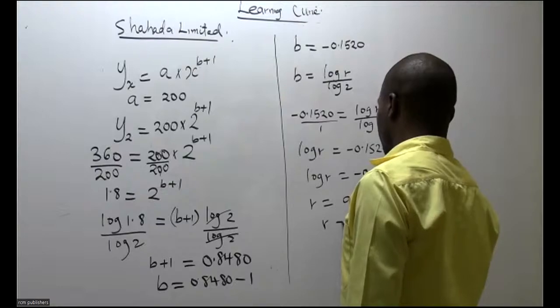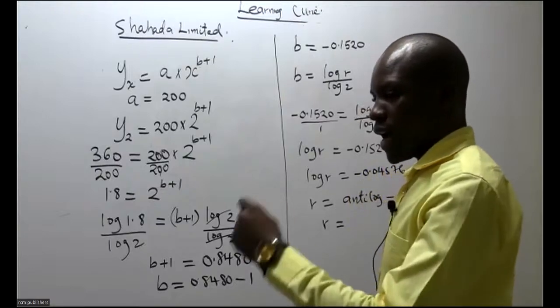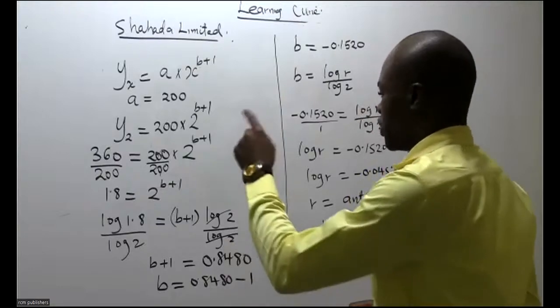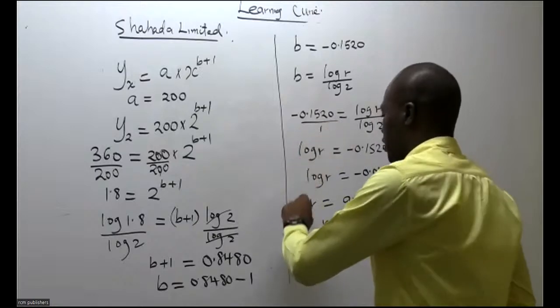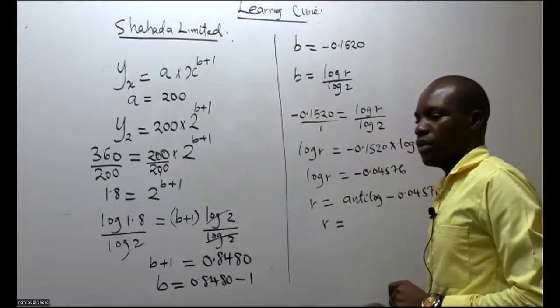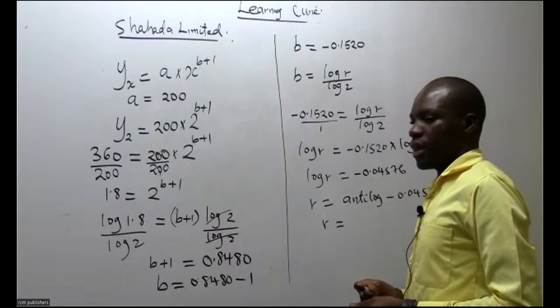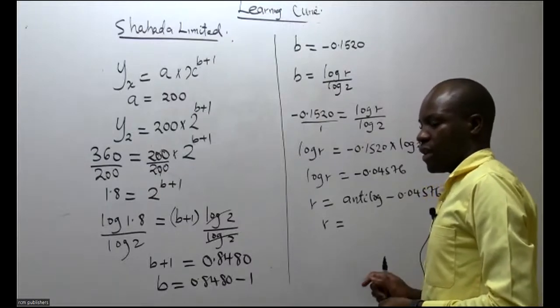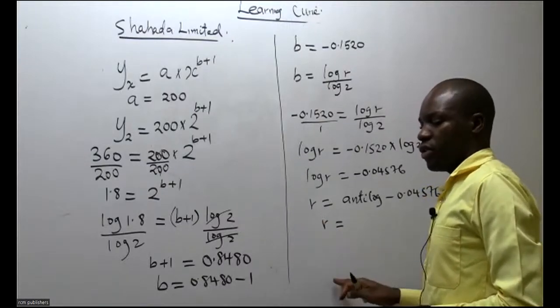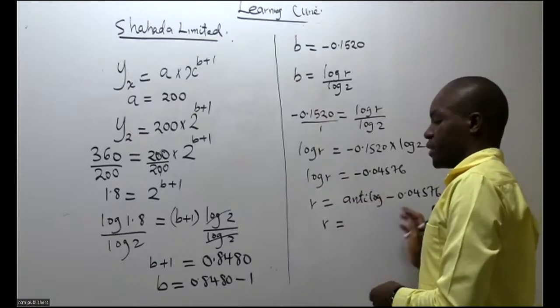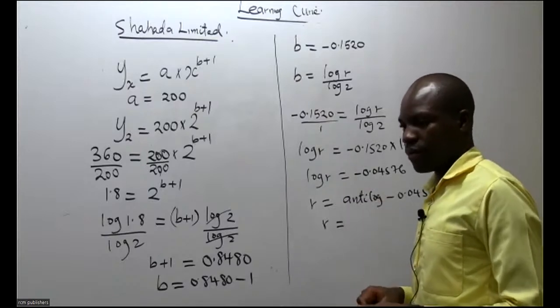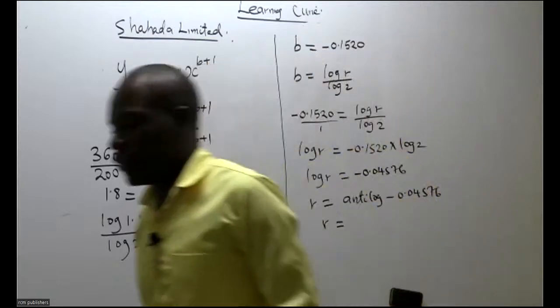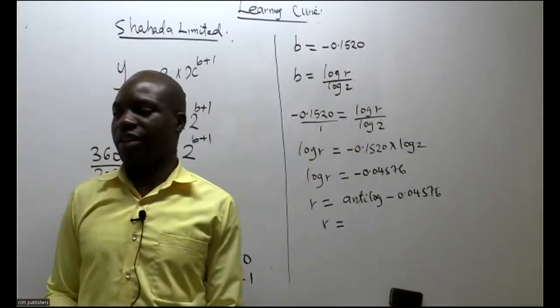So what will be the value of R? Just go to Shift, then click on that log, then the answer. What will you have? I want to see those who are effectively using their calculators.